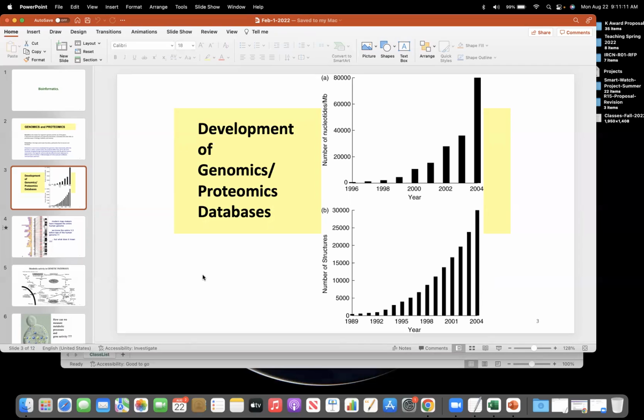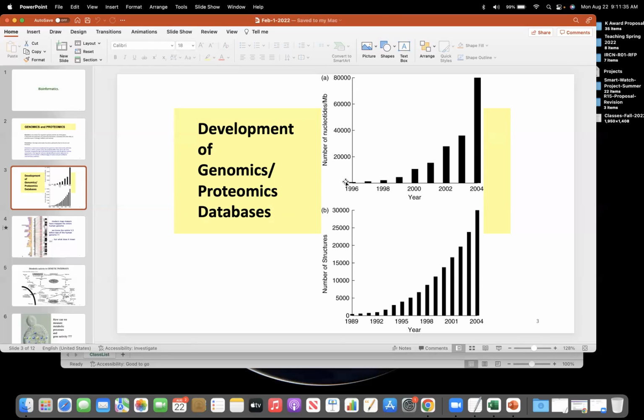growth, right? So as you can see in these two plots, the first plot here is for the number of nucleotides, right? So how many bases have increased. And the second plot here is for the number of structures or protein structures. And the x-axis is the year, right? So it's 1996 to 2004.